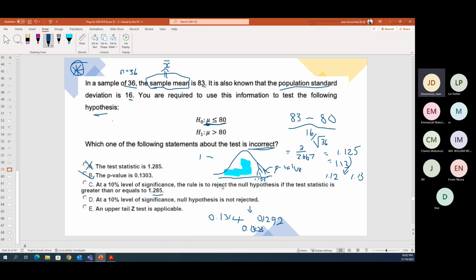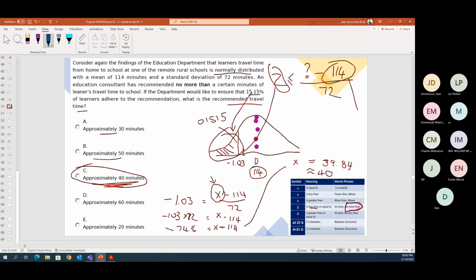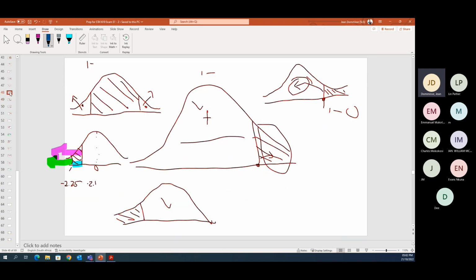Okay, but let's quickly look at the other things as well. So at a 10% level of significance, the rule is to reject the null hypothesis if a test statistic is greater than or equal to 1.285. See now, I just want to see where that table was that we used with the percentages.